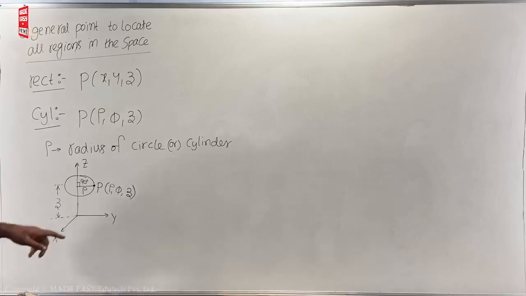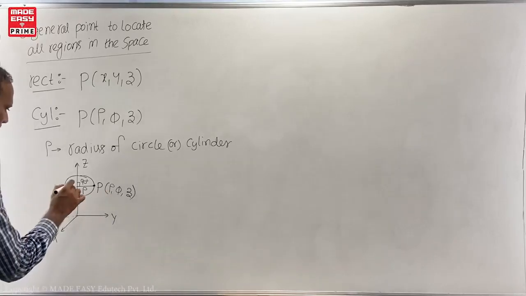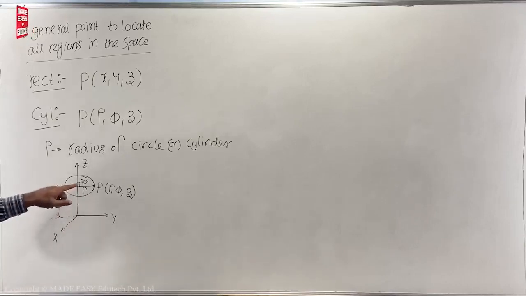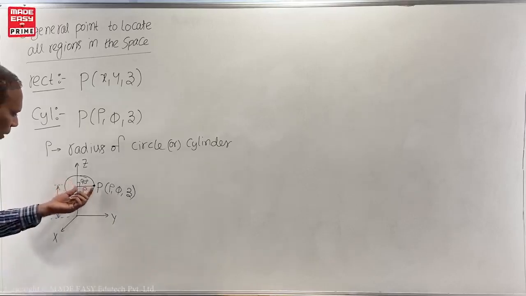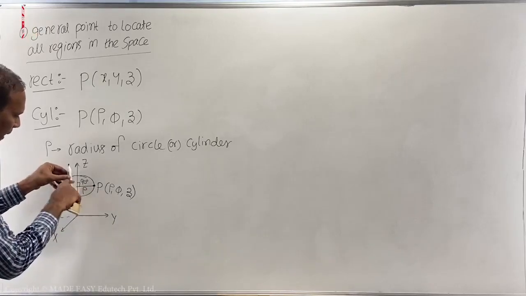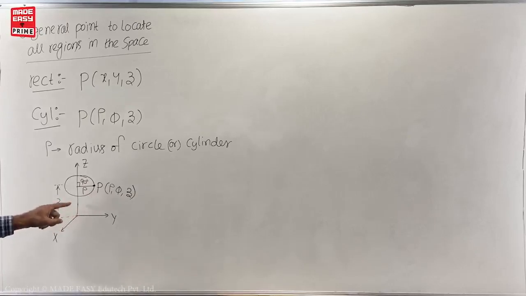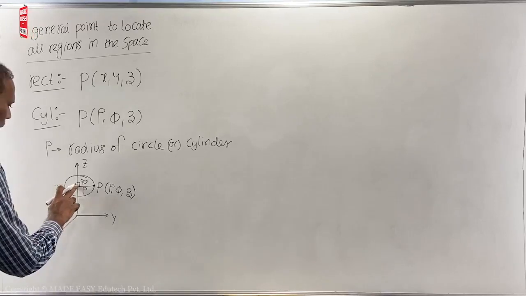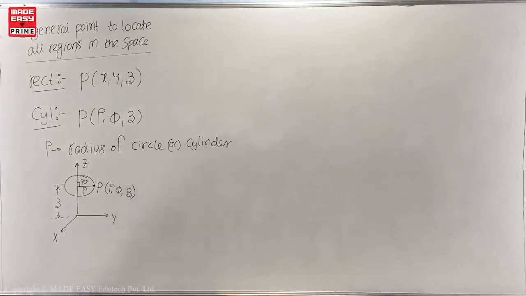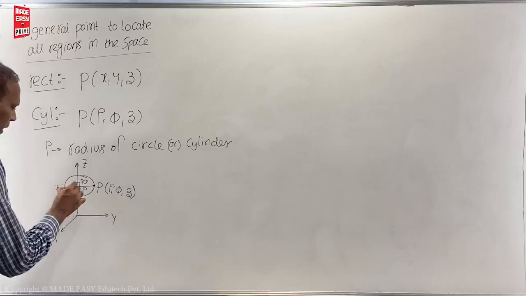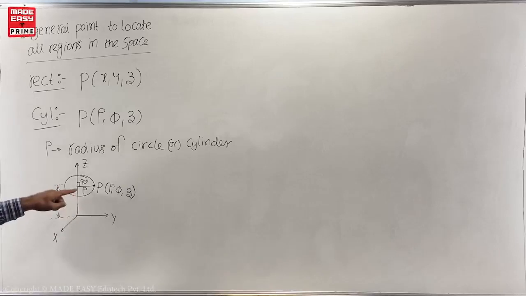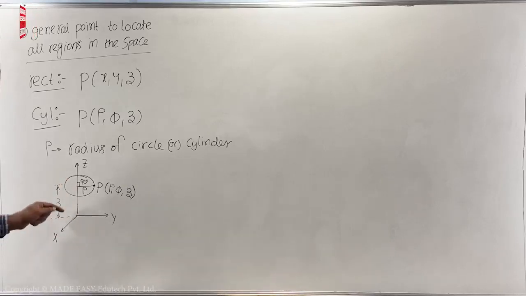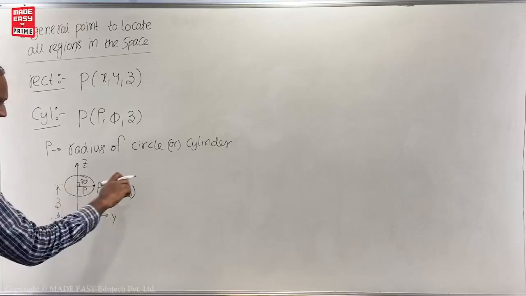In other words, rho is the perpendicular distance, that means 90 degrees, from the z axis to the point P. Already I told you the rho value on the z axis is 0, because radius measurement starts from the z axis. Then you go like this, radius is increasing.